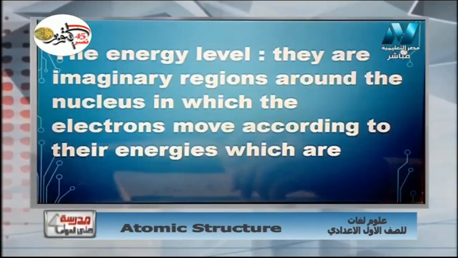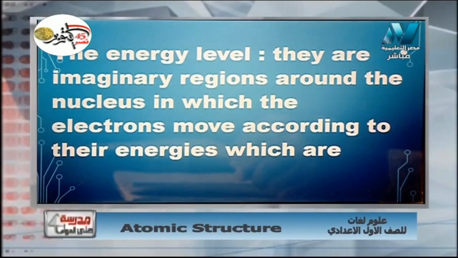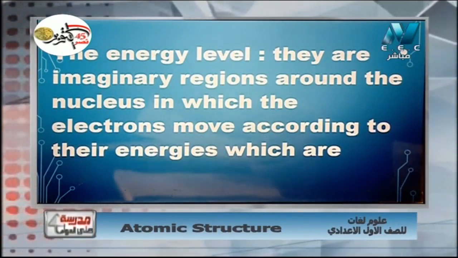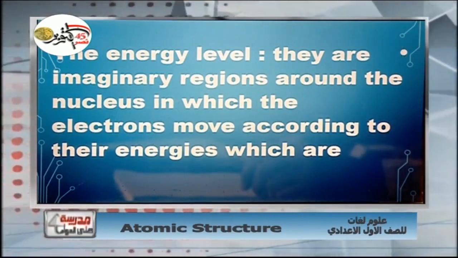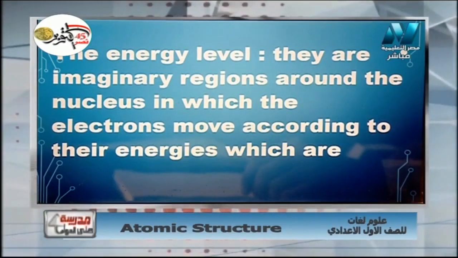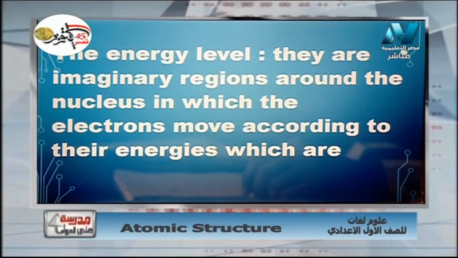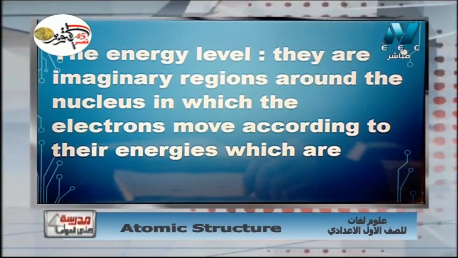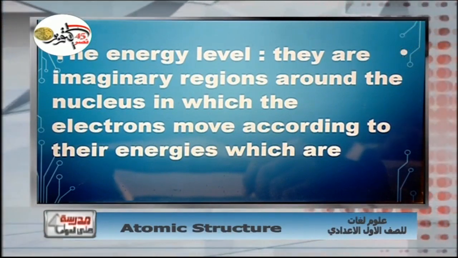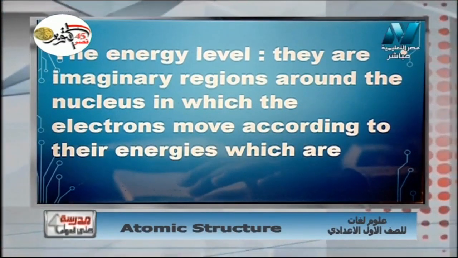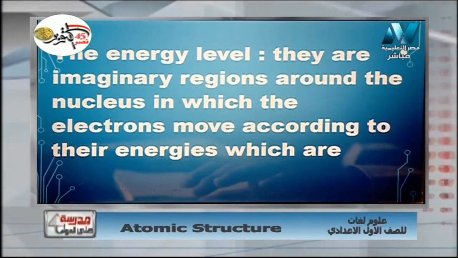The energy level. What's meant by energy level? Energy levels are imaginary regions or imaginary places around the nucleus in which the electrons move according to their energies, which are calculated by the relation 2n square.